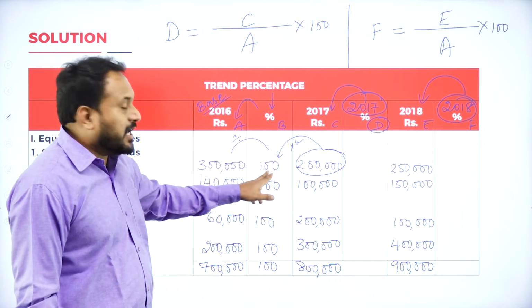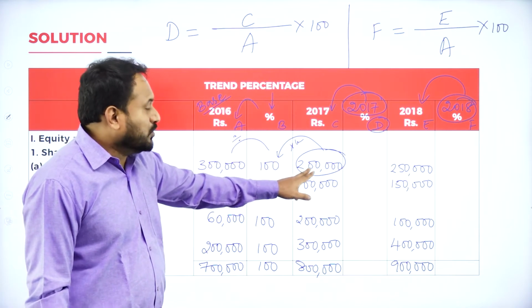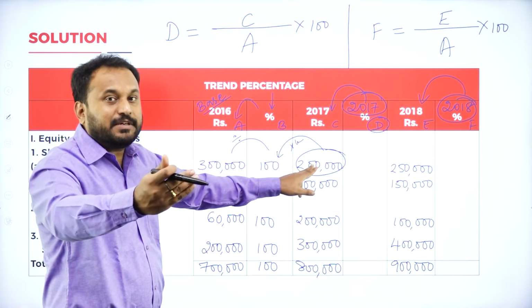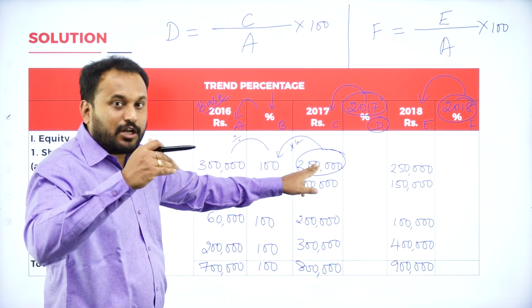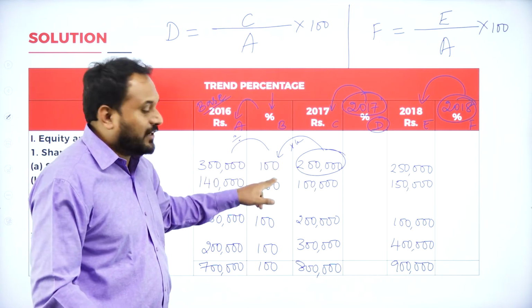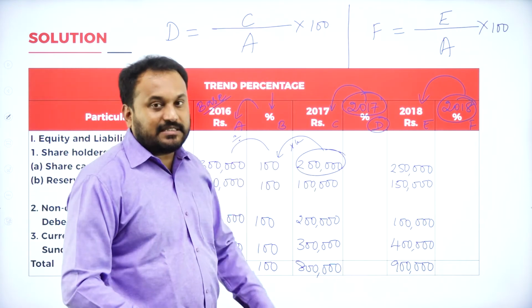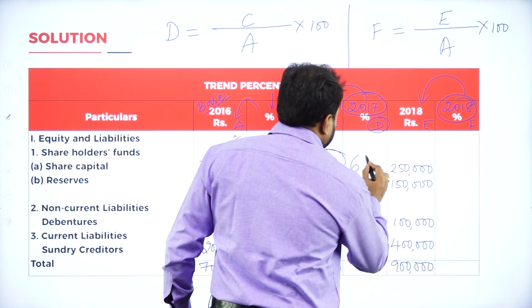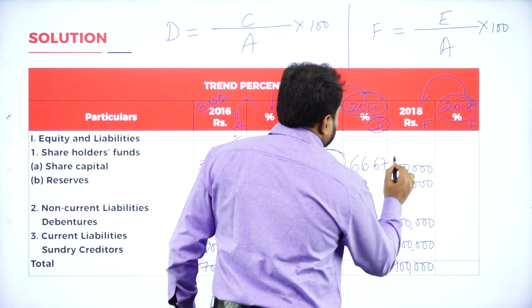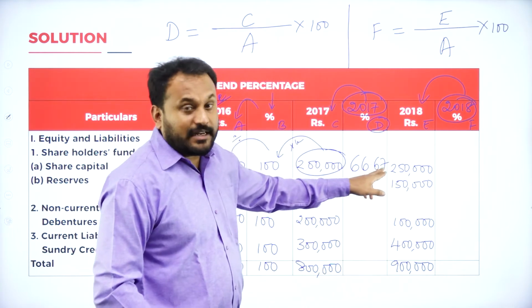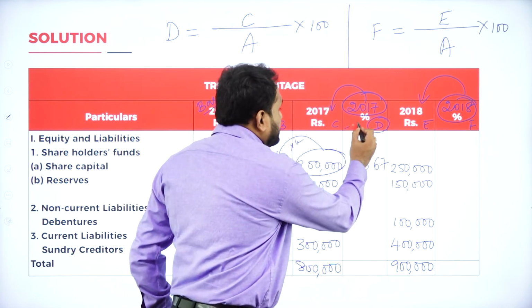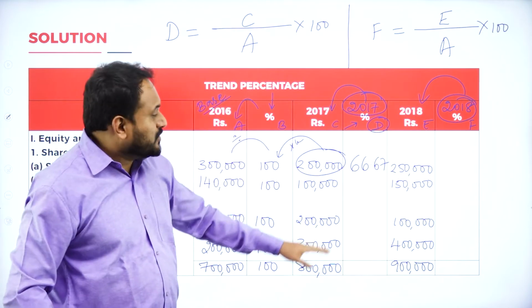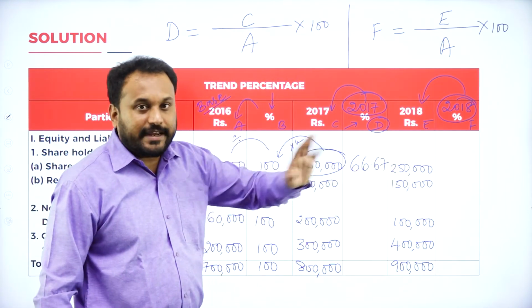For 3 lakh it is 100%. 2 lakh, will it be more than 100% or less than 100%? It is always less than 100%. So if you calculate, you get 66.6666%. So we'll round it up. We'll write it here 66.67. Now I'm not writing anything like percentage because the percentage symbol is already there. So I'll write 66.67. Enough.